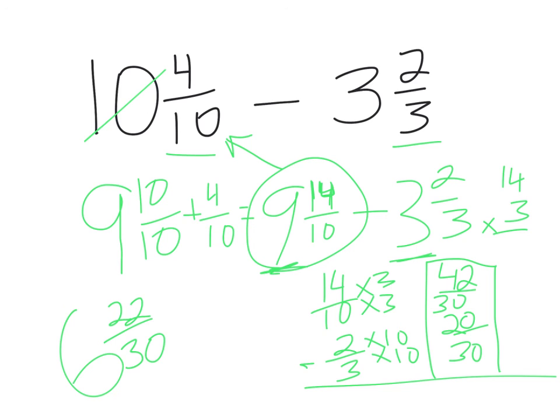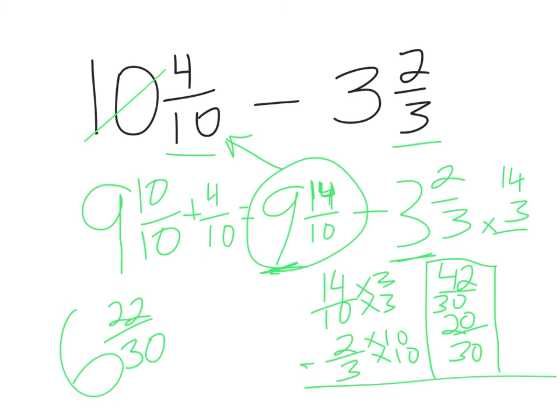I've done a lot of stuff, but it's still not the best it could be, because now if I get down to this answer at the bottom, 6 and 22/30ths, I would still have to think about everything we've been doing in class. Well, what about that simplifying part?